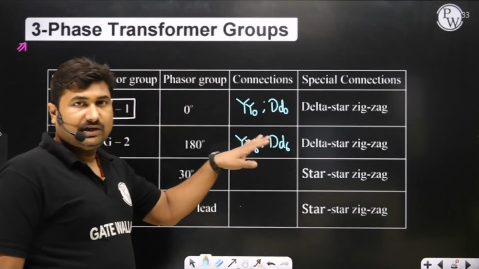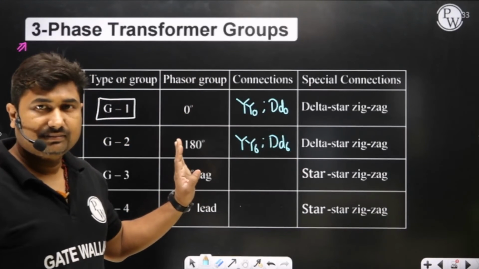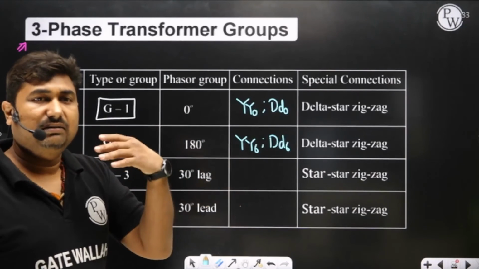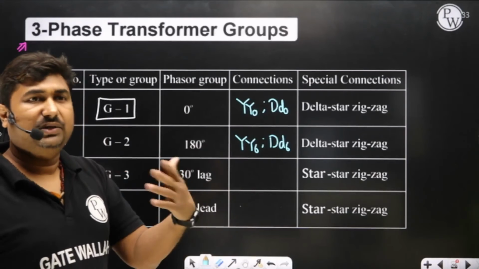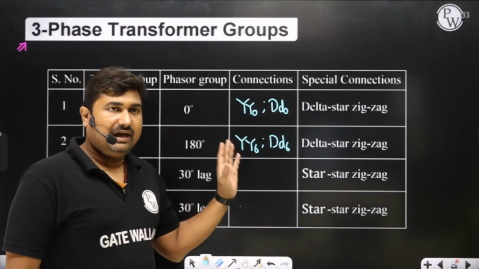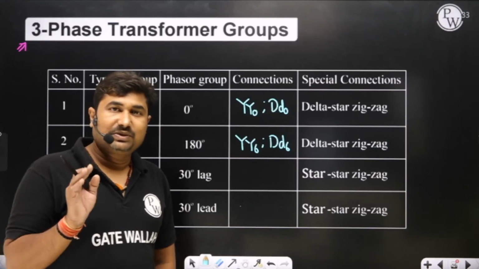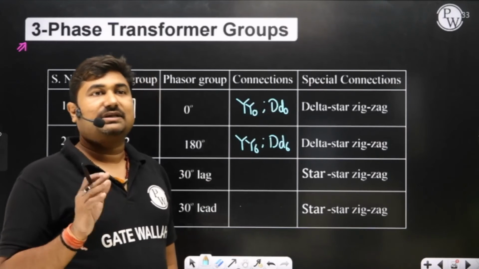Have you ever studied all these things? In college, in last year preparation, or during a job, anywhere, have you learned about these connections? Do you know the names? Star star 0, star star 6.